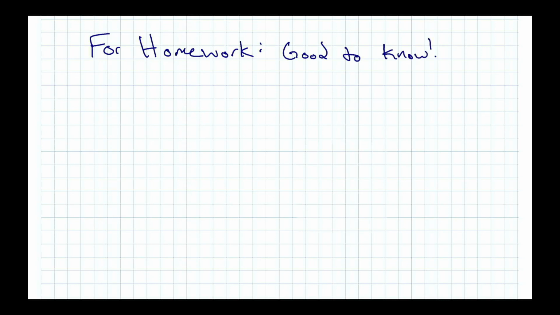You don't have to actually apply this theorem to find Euler circuits and Euler paths. Okay.